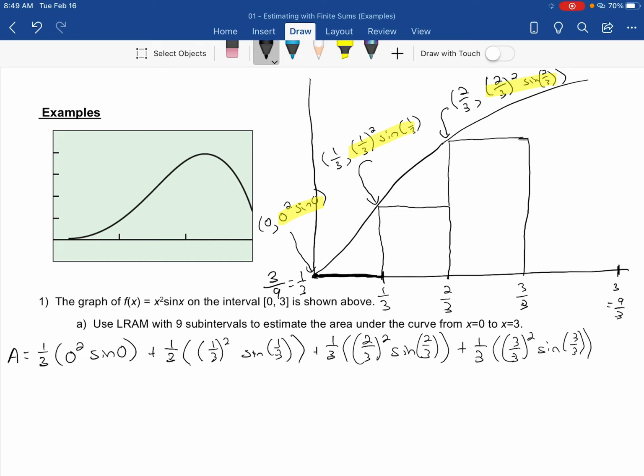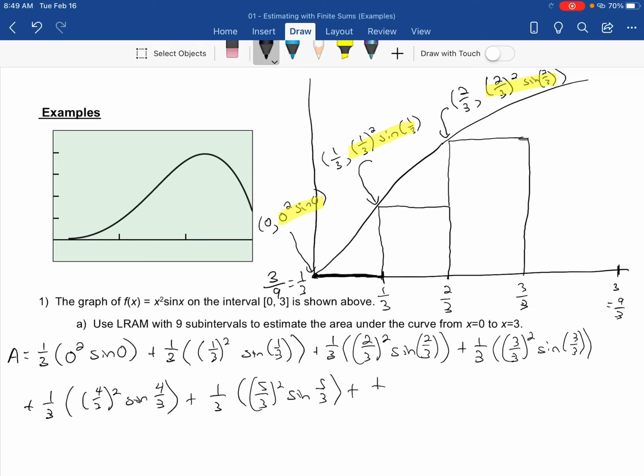How many do I got so far? 1, 2, 3, 4. I've done 4. Okay. So next one. 1/3. And it's 4/3 squared sine 4/3. Then 1/3. 5/3 squared sine 5/3.